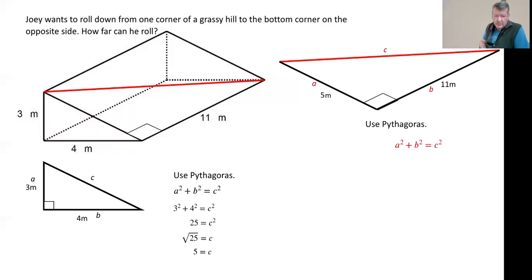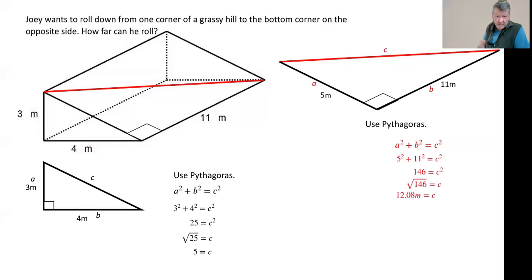And substitute it. So A is 5. So 5 squared plus 11 squared equals C squared. 5 squared is 25. 11 squared is 121. So all up, that's 146 equals C squared. Do the square root, which equals our C. Final answer, C is equal to 12.08 meters.